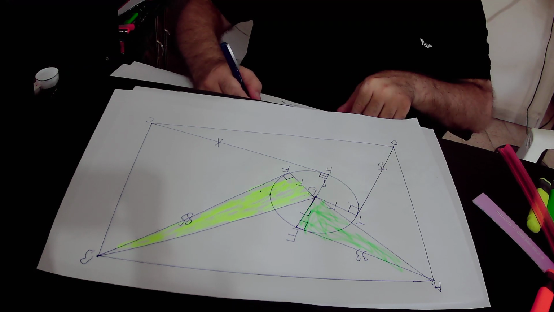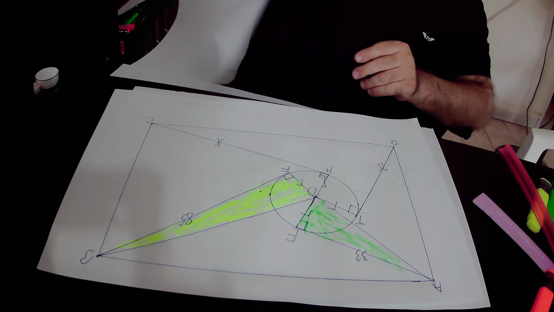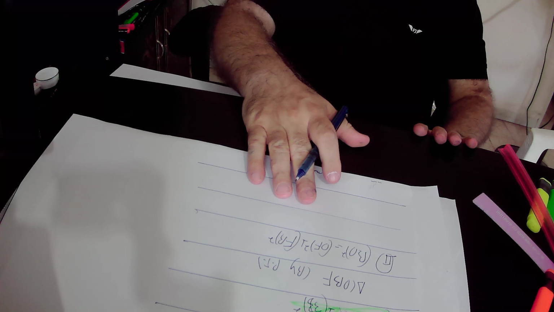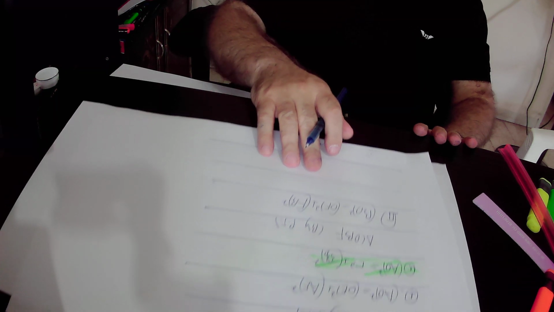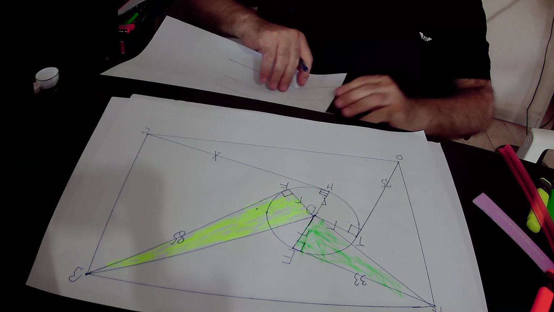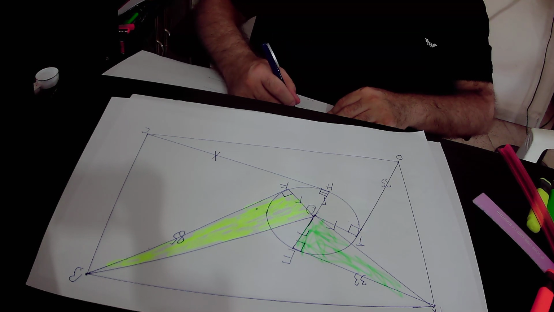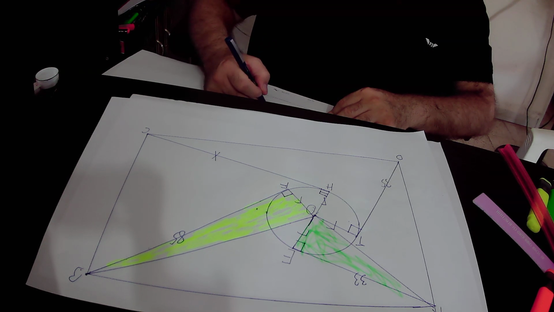So according to the Pythagoras theorem, the right green triangle, triangle OBF, BO square equals OF square plus FV square. So BO square, according to equation number 2, equals OF square.